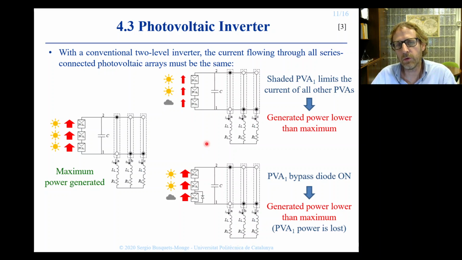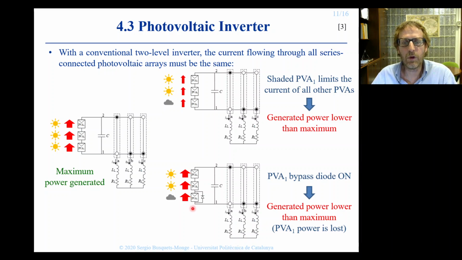One solution to improve things here is to add bypass diodes through the photovoltaic arrays so that whenever a stronger current is generated by some of the photovoltaic arrays with higher irradiance, this current can flow through the bypass diode and still then produce the high power generated by these highly irradiated photovoltaic arrays.